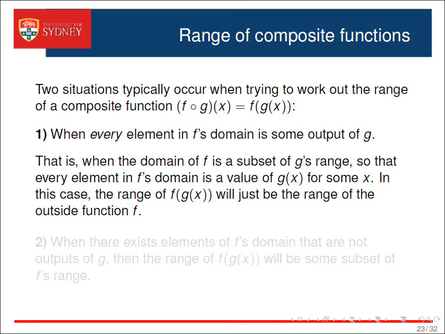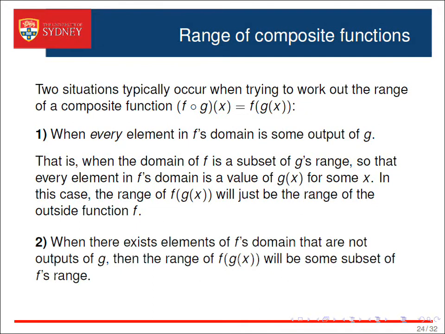Then the range of f composed with g will simply be the range of f itself. The second situation is when there exists elements of f's domain that are not outputs of g, so that the range of f composed with g will not be the entire range of f, but a subset.